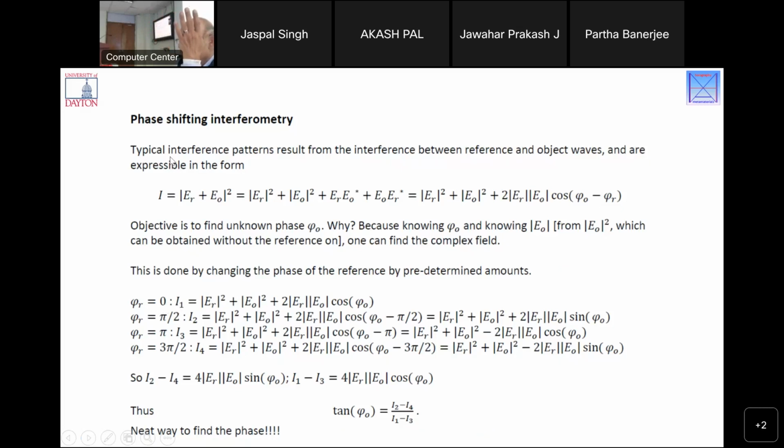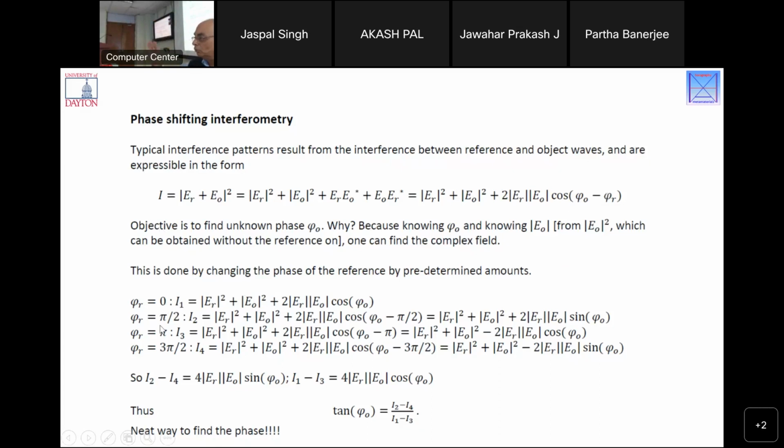Let's see what the value of the intensity is. I write the value of intensity as I1. What would happen here if phi r is 0? This just becomes the cosine of phi o. As simple as that. So that's my first line. All right, fine. Now look at the next one. Let me change, if possible, phi r to pi over 2.